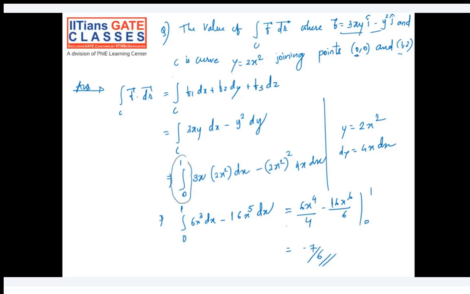I hope you understood. If y is equal to 2x square, then dy will be 4x dx. So rather than writing, let's say, (0, 0) to (1, 2), this kind of limits, we can convert them entirely into a single variable problem.